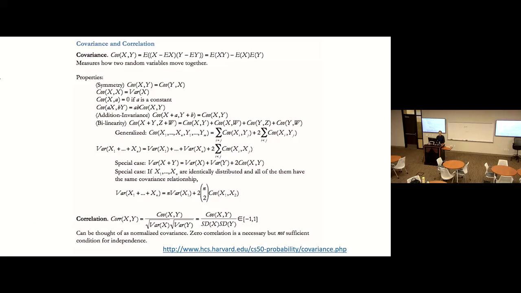So covariance matrix, covariance and correlation, they are linked. The formula to translate covariance between X and Y, or 2 variables, to correlation is to use the covariance.